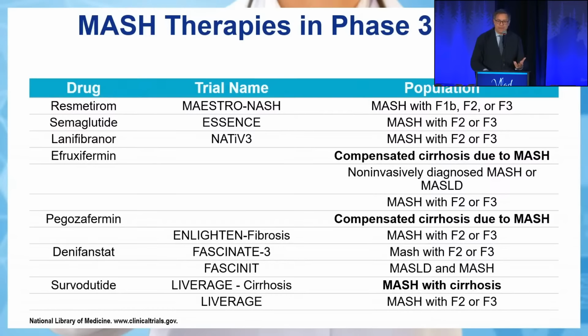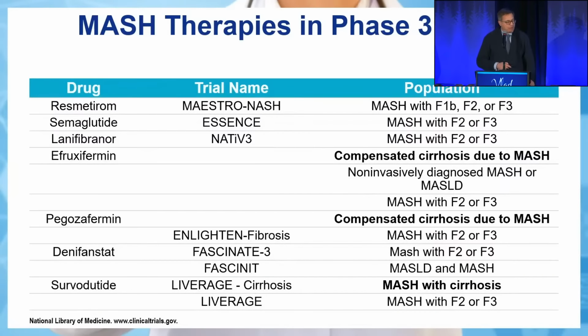Obviously, there's a lot of benefit if you're able to prove an impact in cirrhotic patients: a benefit in terms of registration ability, in terms of reimbursement, and in terms of overall clinical benefit for the patients. But do all therapies that address MASH necessarily work at a cirrhotic stage? That's an open question.